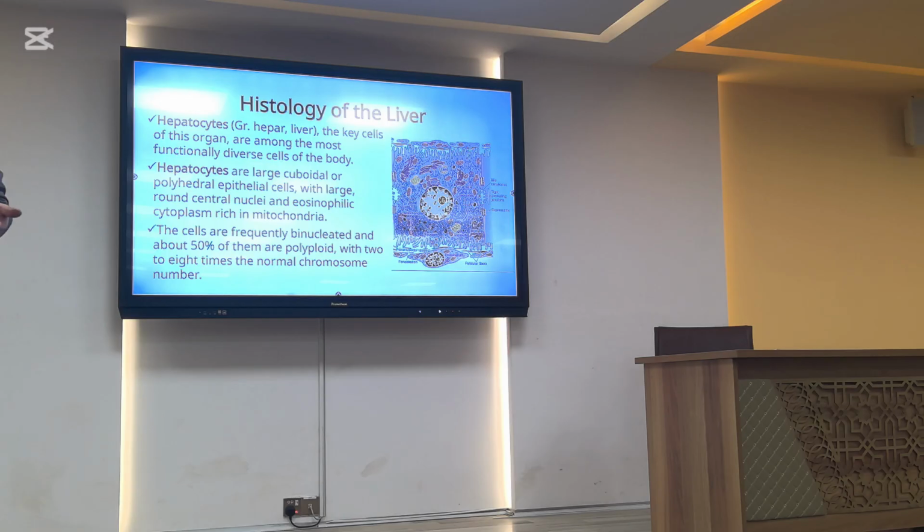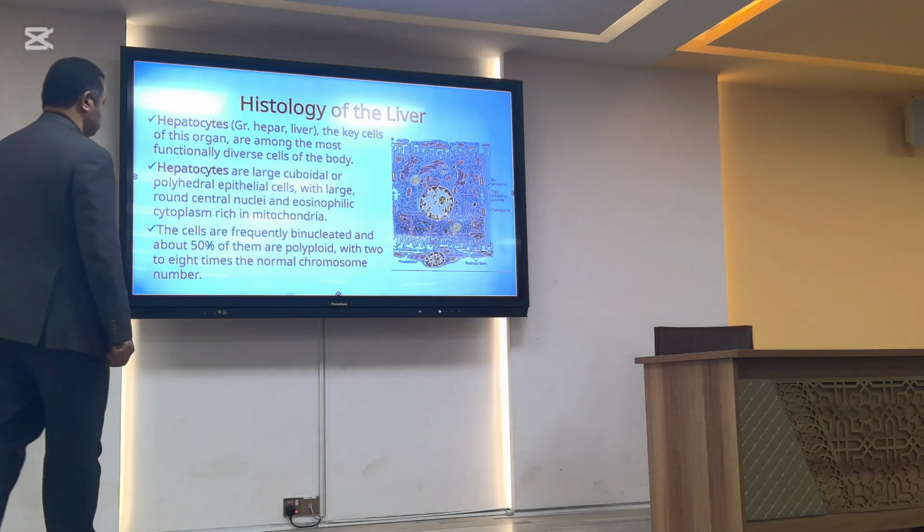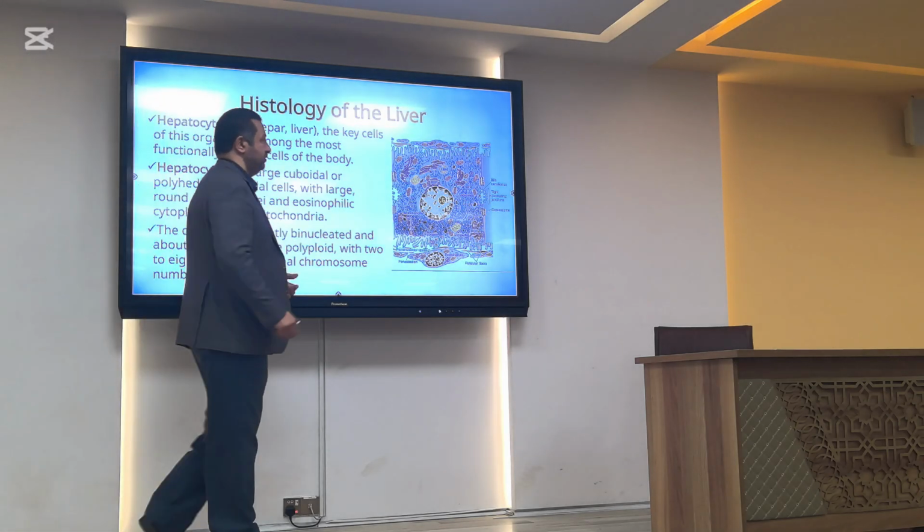Is it clear? What's polyploid? More than 2N chromosomes. This condition is called polyploid.